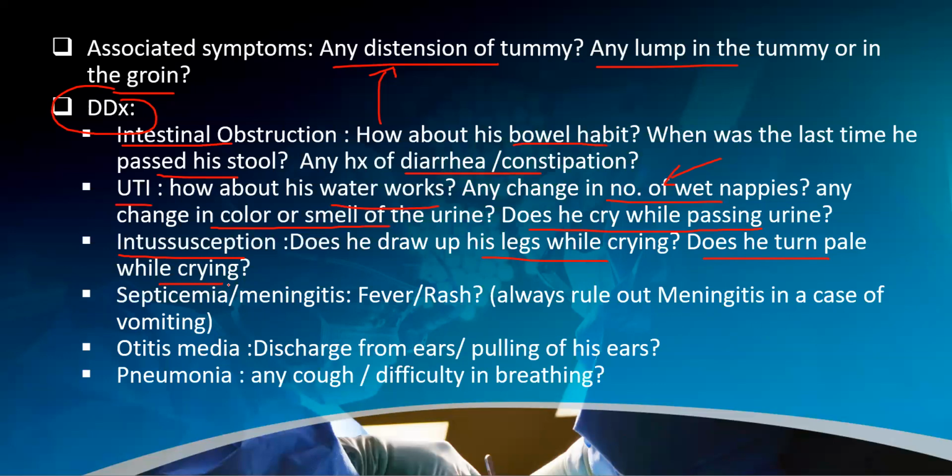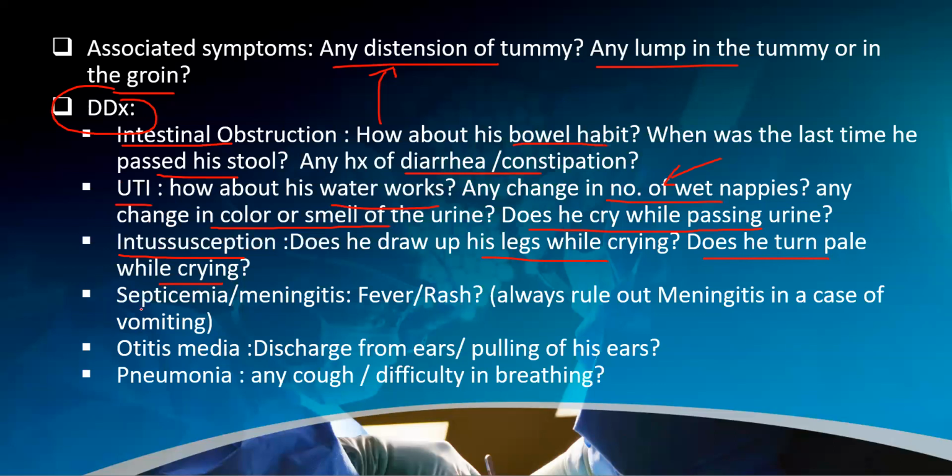And because they can't say that, they usually draw their legs up to the chest. And sometimes they also clench their fist. And during the episodes, they usually turn pale. So those are the symptoms of intussusception. Along with that, children can also have some diarrhea in intussusception. We will discuss all of these cases, then you will know much more detail about this.